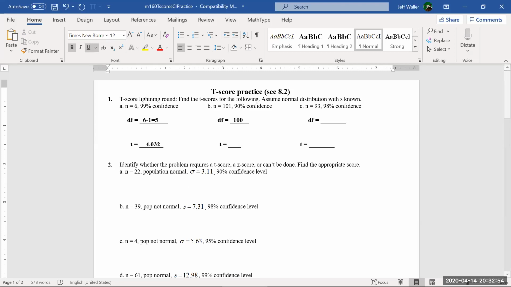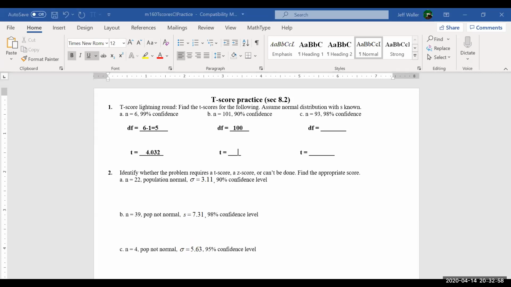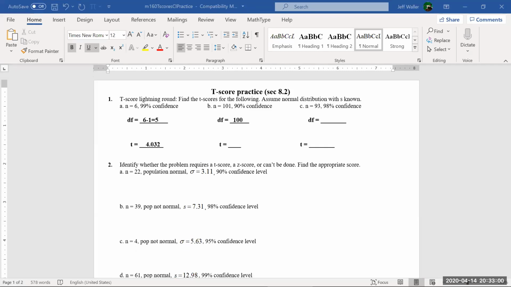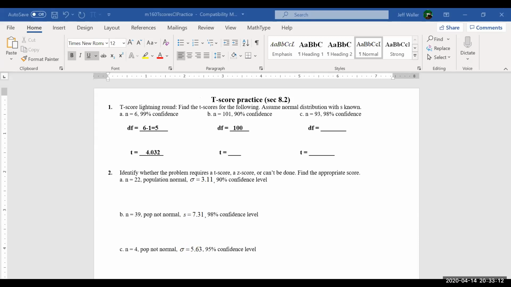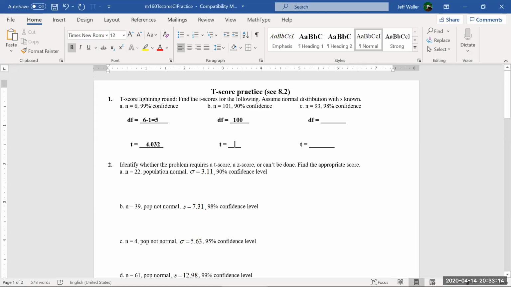I know degrees of freedom 100, and I want 10% in 2 tails. So I'm in this column, and I stop at 100. Bam, 1.660. That's the t-score I would use for whatever the application is.